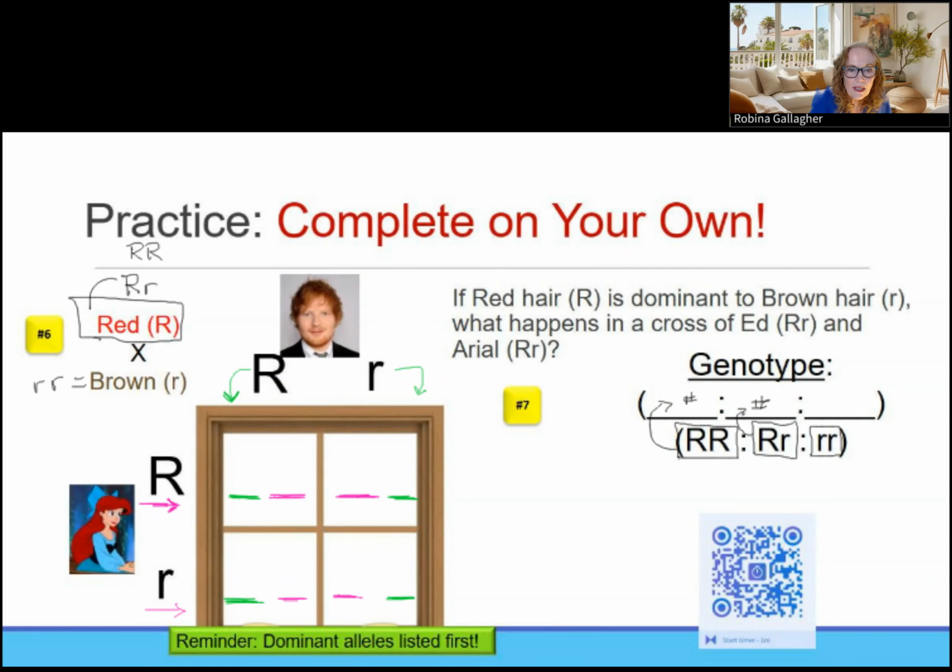And then the number of little r's will go right here. Okay. So I'm going to give you a minute and I want you to complete questions 6 and 7. If you've got a question, private message me.